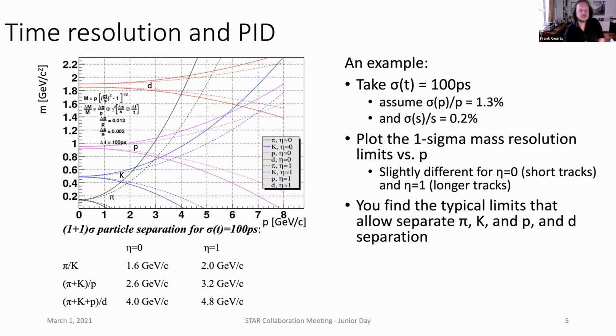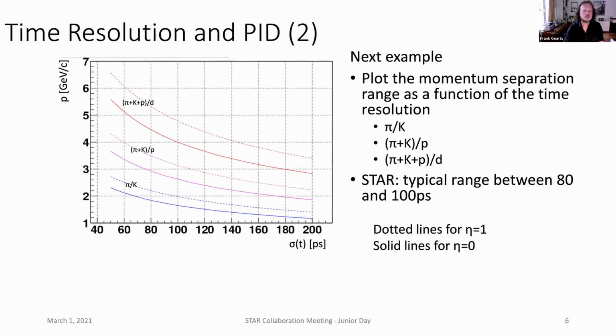You can also look at it a different way. You can take what I just showed you and look at where that separation on the vertical axis is as a function of time resolution. And like I said, if we typically look at 100 picoseconds, then you can see here that the pi-K separation, depending on whether we're looking at short tracks or long tracks, is at about 1.6 or 2.